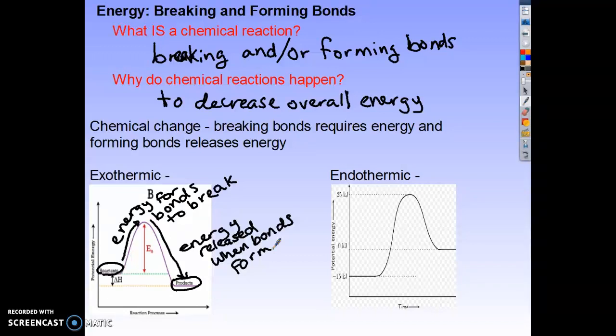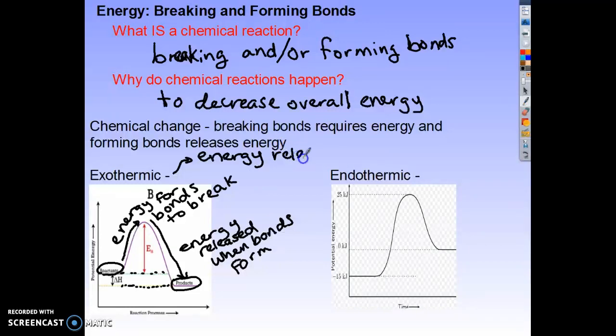Okay, so if less energy is required to break the bonds than the amount of energy that is released, like in this case, where we started out at a higher energy level than when we ended up with our products, that means overall, extra energy was released. And that is something that you would feel. Energy is released, and that energy in this graph would be in terms of heat.